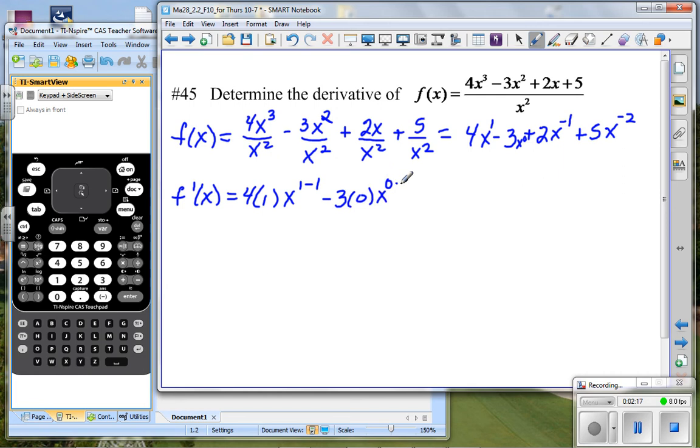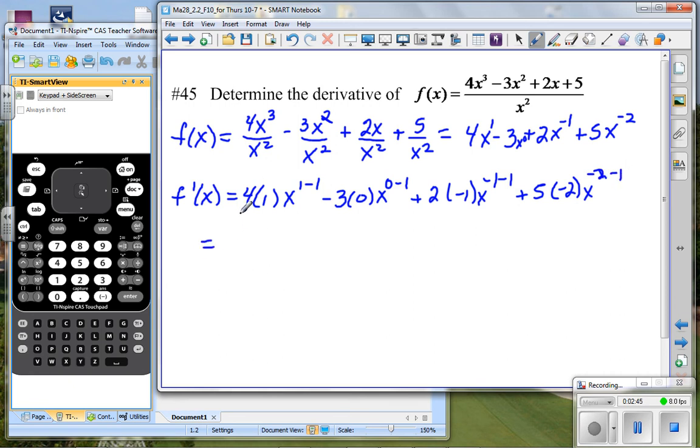And then we can still show that we subtract 1, although when you multiply negative 3 times 0, you will get 0. Plus 2, coefficient times the exponent, and then subtract 1 from the exponent, plus 5 times the exponent, and subtract 1 from the exponent.